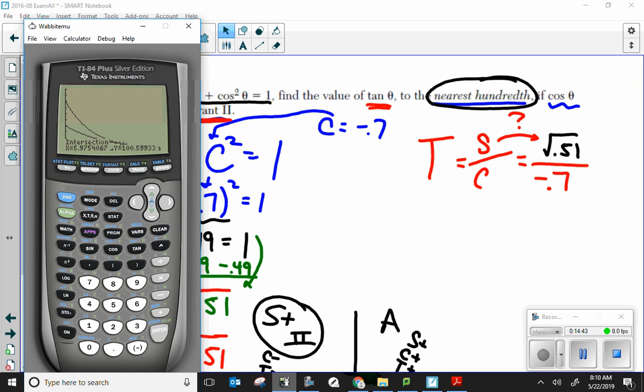So let's take this. Clear this. We'll say radical 0.51 divided by, I don't want to be in the radical there. Pop out, then divide by -0.7. And I get something that's, okay, cool.